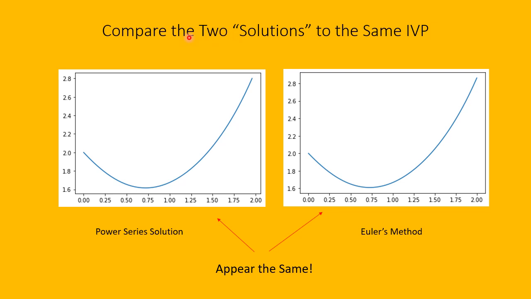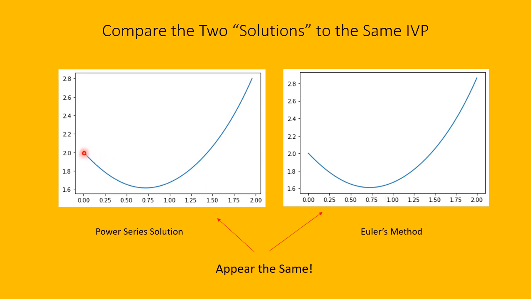So now let's compare the two approximate solutions to that initial value problem. We used a partial sum from the power series solution to generate this graph, and we used Euler's method to generate this graph for the same initial value problem. Power series versus Euler. If you look at these fairly carefully, it's very hard to see any difference between these two curves.